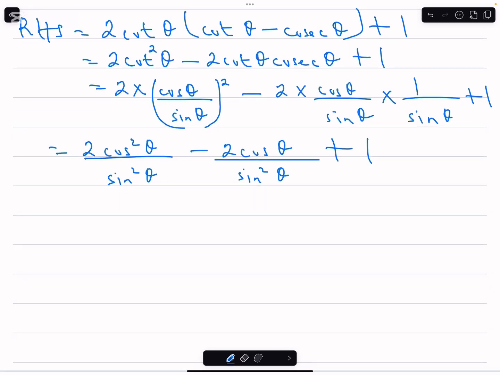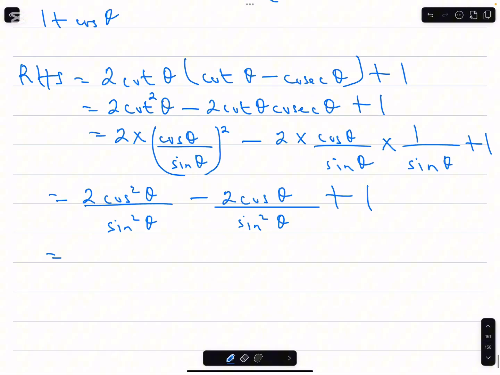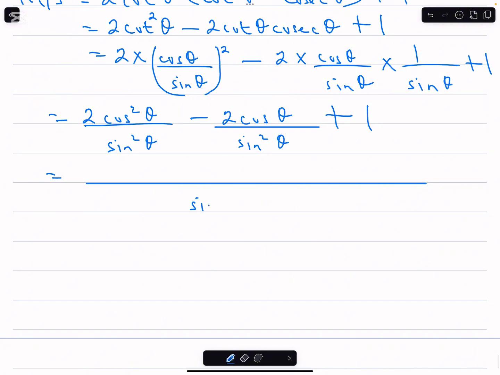Let's see. So what do we do? Let's find the LCM. This is 1 over 1. So if you find the LCM of all of the denominators, that's going to be sine square theta. Sine square theta divided by sine square theta is 1 times 2 cos square theta.